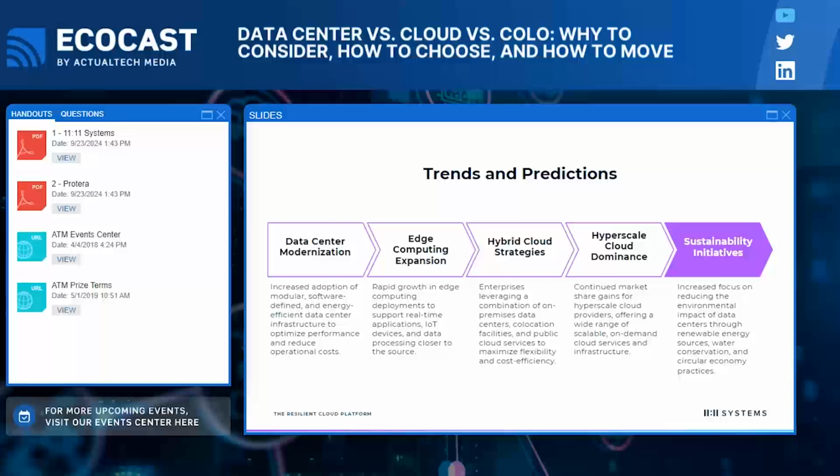Some of the things that we're seeing in the industry. What I try to tell people is, with data center modernization, think about adopting modular, software-defined, and energy-efficient data center infrastructure to enhance performance. Think about rapid growth in edge computing to support real-time applications. Internet of Things devices, your edge devices, are critical, bringing your data processing closer to your source, your production environment, and your end users.